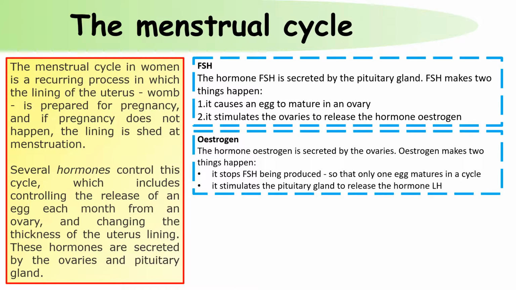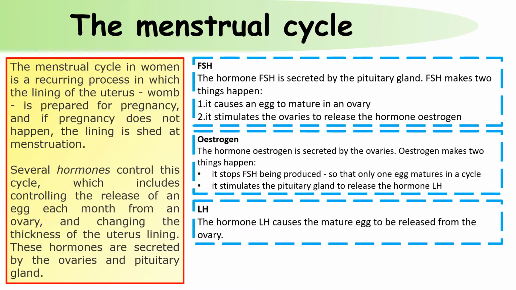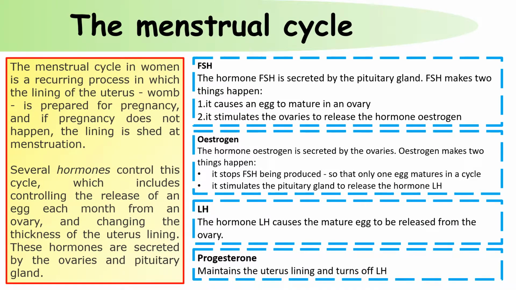This stimulates the pituitary gland to release the hormone LH. The hormone LH causes the mature egg to be released from the ovary. And the last hormone is progesterone, which maintains the uterus lining and turns off the production of LH by the pituitary gland.